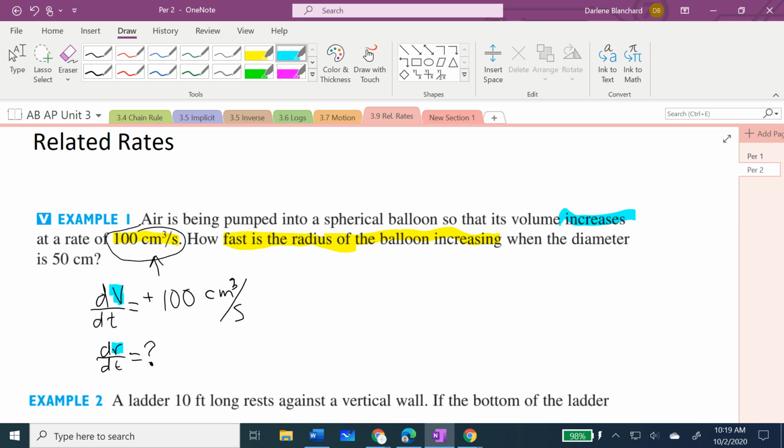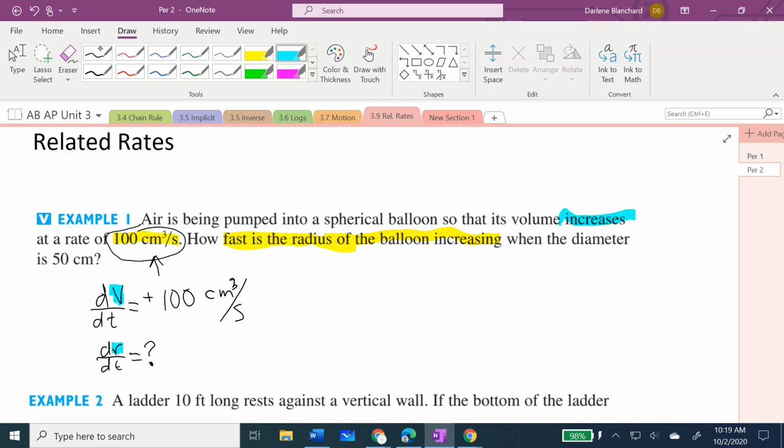Then when you implicitly differentiate with respect to time, that will give you a relationship of the rates dV/dt and dr/dt. So you want to relate the rates by taking the derivative implicitly.